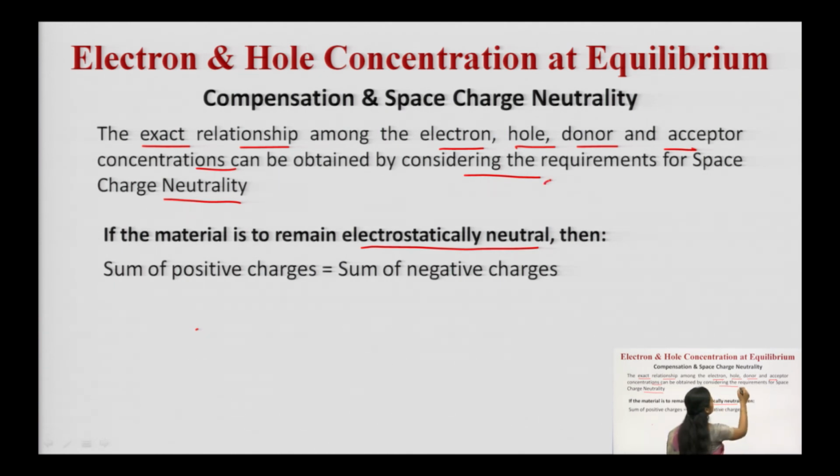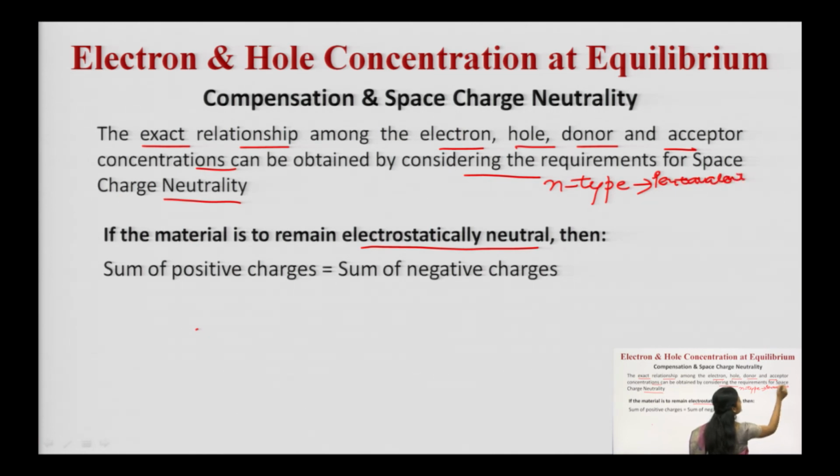In n-type, the type of impurity which is added to the pure semiconductor is the pentavalent impurity. Pentavalent impurity has 5 valence electrons. So each impurity atom is contributing 1 electron. At the same time, these atoms have a tendency to donate the excess electrons. So these are the donor atoms over here.